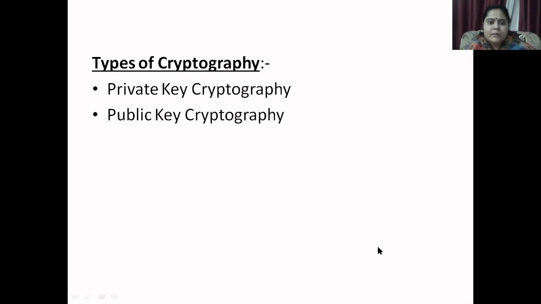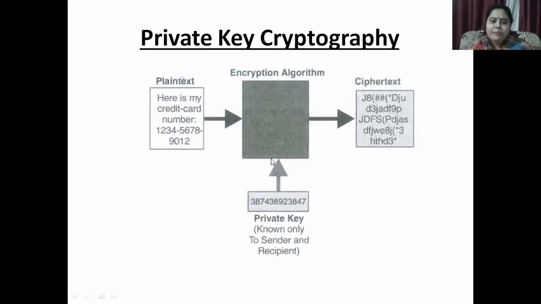Next. Now see what are the types of cryptography. The types of cryptography are private key cryptography and next is public key cryptography. Now we see what is private key cryptography.